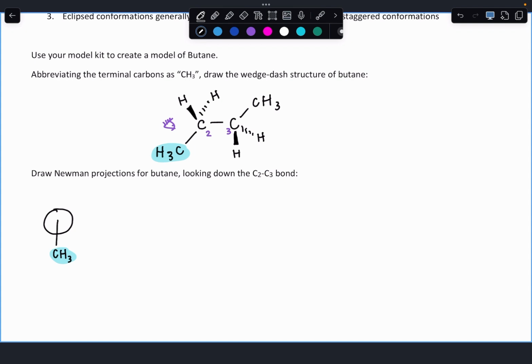There's that CH3 group. And then this carbon, front carbon, looking at it this way, has a hydrogen up and to the right, hydrogen up and to the left.